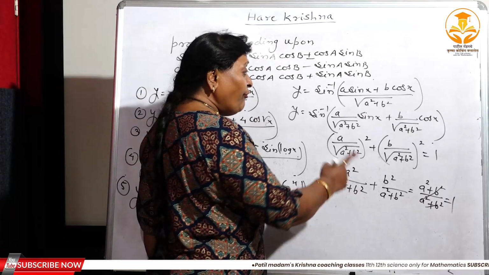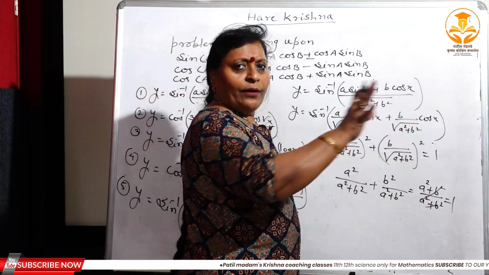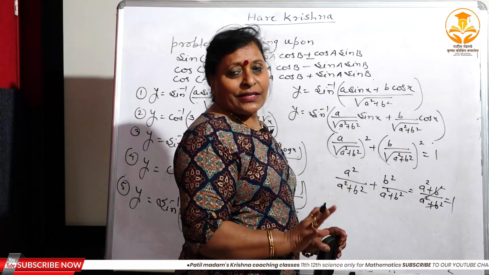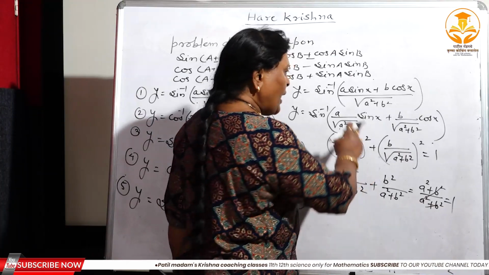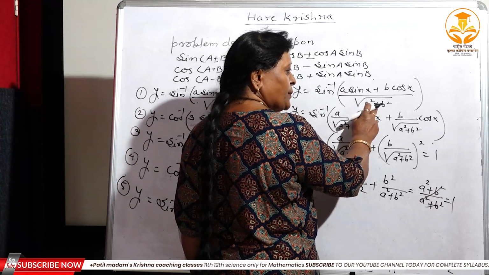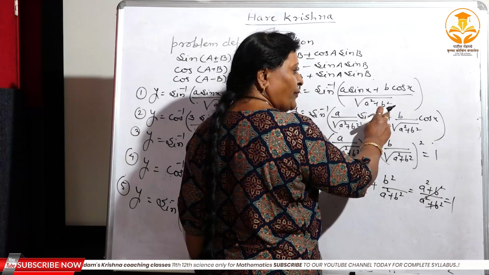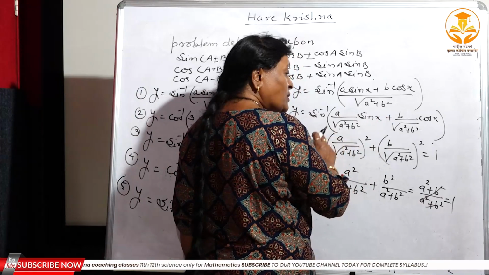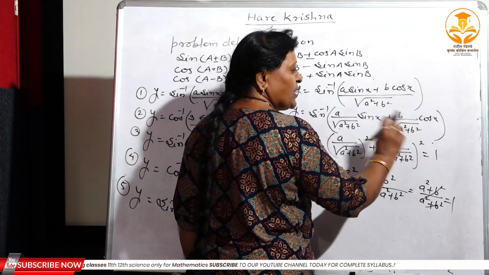So every time the problems are constructed in that way. Therefore whenever you separate the constants like this, the sum of their squares is always equal to 1.